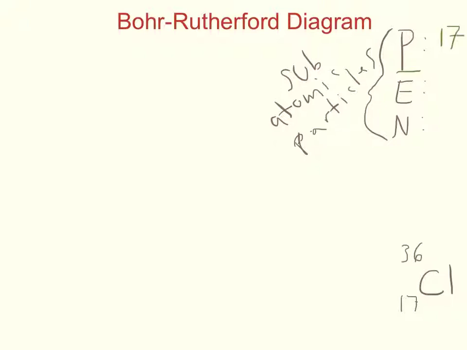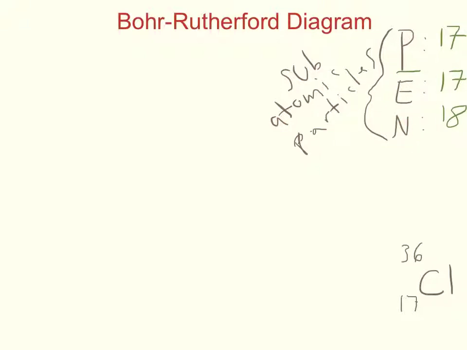So, the protons are the same as the atomic number, so 17. There are the same amount of electrons as protons, so there's also 17. And now to find the number of neutrons, you need to subtract the atomic number from the mass number. So 36 minus 17 is 18.